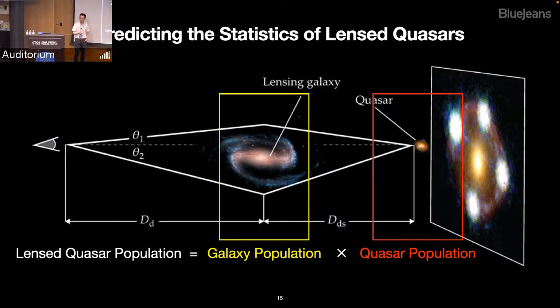If we do find fewer, first of all, assuming we have a good knowledge of the quasar luminosity function, then that means we are probably missing some foreground galaxy population. Either there are fewer galaxies than we previously thought, or they are less massive. It can also happen the other way: if we find more lens quasars than we expect, that means there is a hidden population of foreground galaxies, something like that. So that, I think, will be a very useful indicator of galaxy evolution or structure growth.